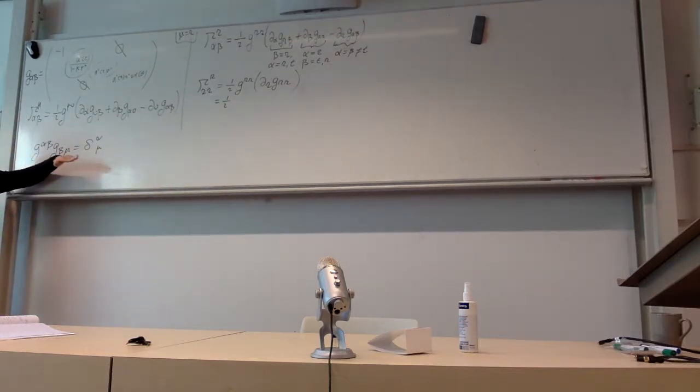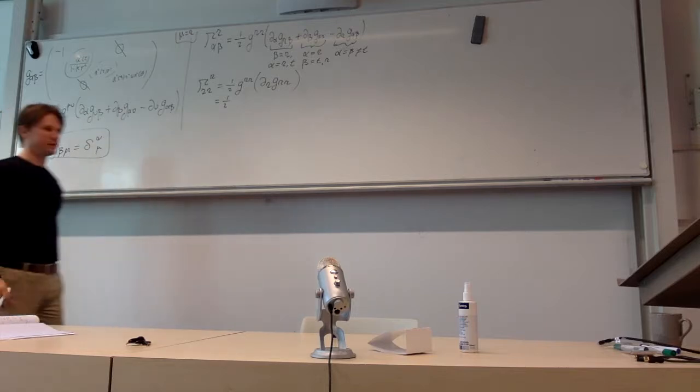And this is an algebraic equation in 10 components, because you're looking for 10 different components of your metric. So this is a huge set of 10 algebraically related equations that you have to solve. And unfortunately, it's difficult.